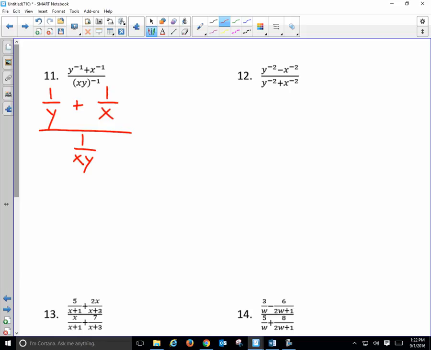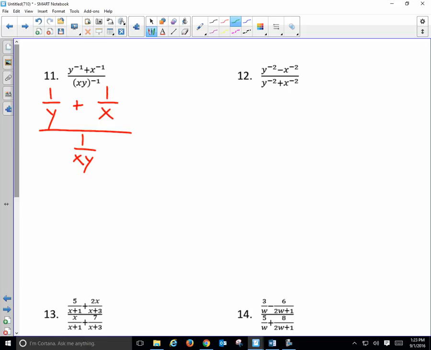If anybody would like to see a very interesting way of doing that problem after I show you this, I'd be happy to show you. So anyway, now at this point, I have one fraction in the denominator? Yes, I do. So I only have to worry about the numerator.